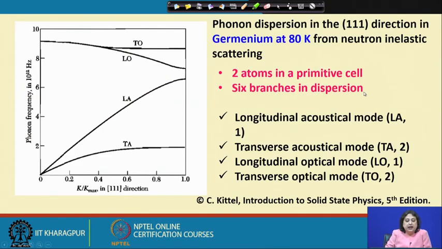And if you look at the actual experimental data, as I have shown here for germanium at 80 Kelvin, you can find all the different types of modes: longitudinal acoustic, transverse acoustic, longitudinal optical, and transverse optical.